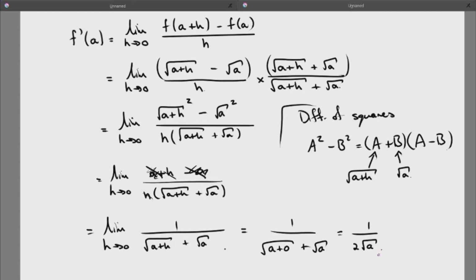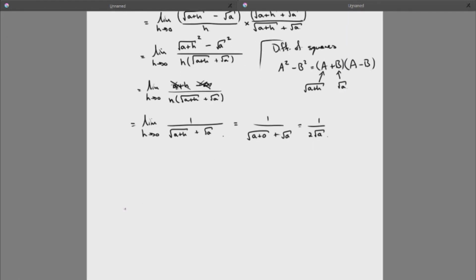So we're able to find it, and if I have the square root function in its most basic form, then the derivative is 1 over 2 times the square root of the x value in question. For example, zoom out a little. If I have the square root function's graph, sideways parabola, I could look at maybe this point over here.